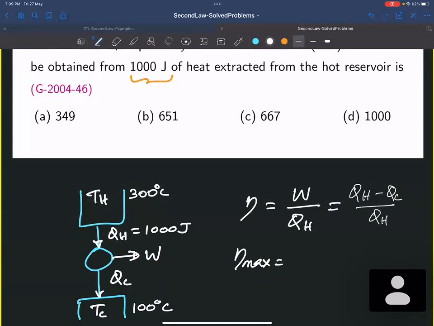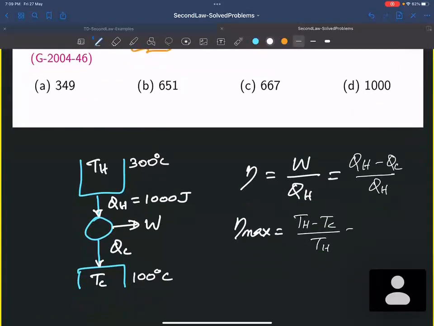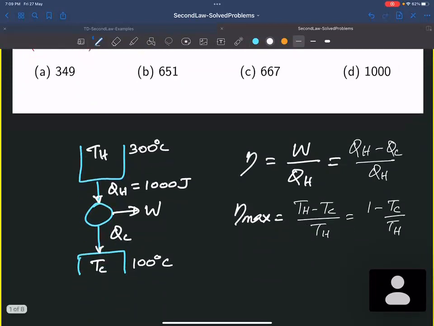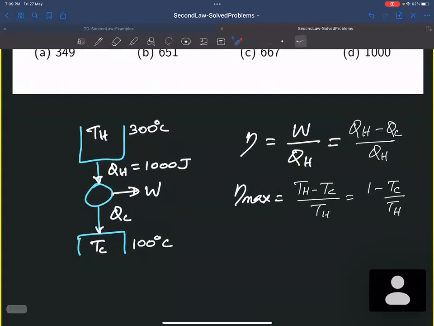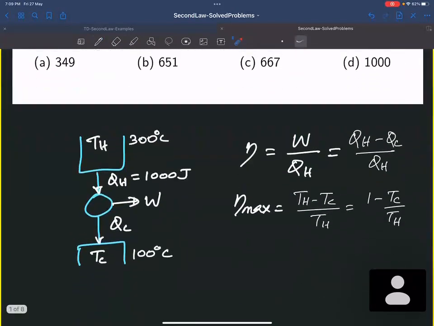For the Carnot engine, you can replace this Q with temperature. So it is equal to TH minus TC by TH, or simply 1 minus TC by TH. That is the formula. So what is available now? Let us substitute. Again, to find the maximum work, if you take this eta max, you will get the maximum efficiency.